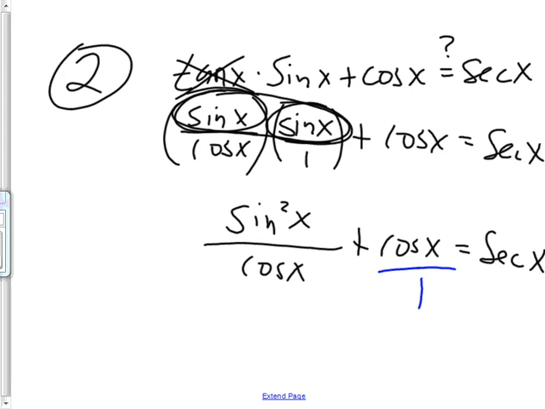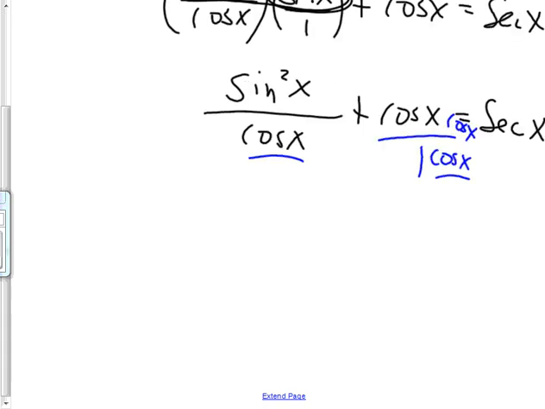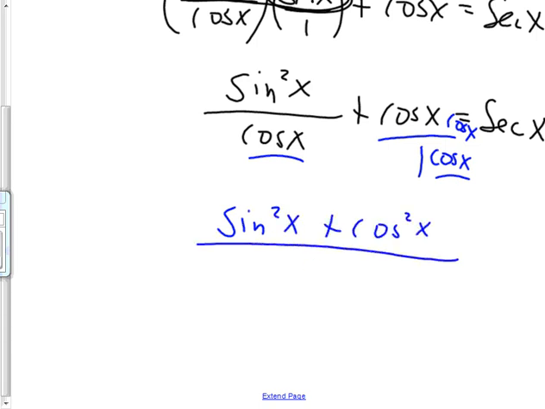Would you agree we're going to multiply by cosine x on the top and the bottom? That'll make this common with that denominator. And then we'll have sine squared x plus cosine squared x all over cosine x is equal to secant x.